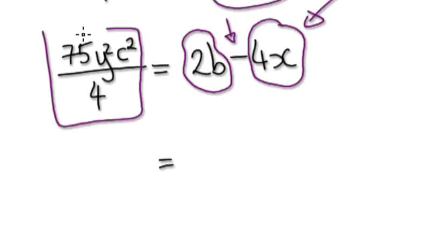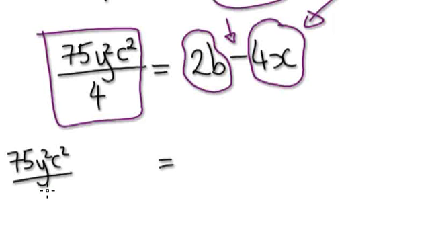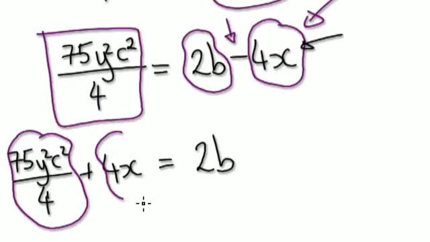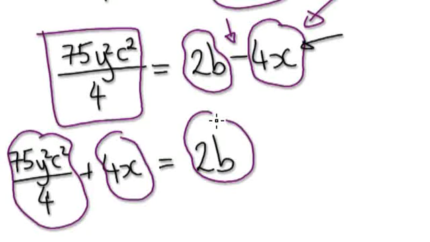So now take the whole thing down, which is 75y squared c squared over 4, and then add 4x, because that's what we're doing. We're adding this bubble to both sides. On this side, it would be 2b now. Okay, so basically you've got this bubble here, adding this bubble equals this bubble here.